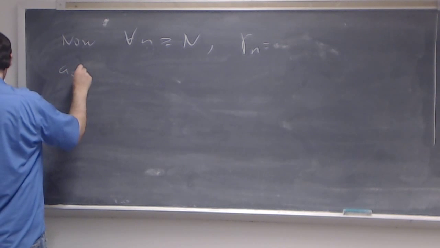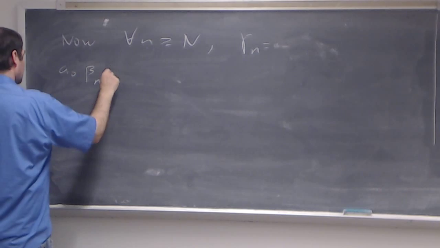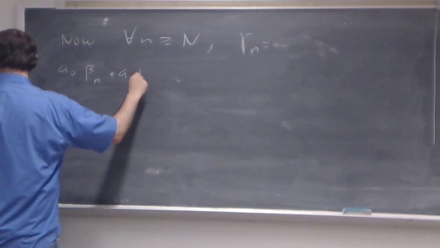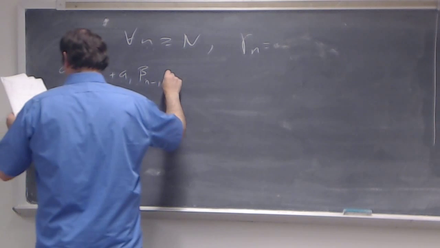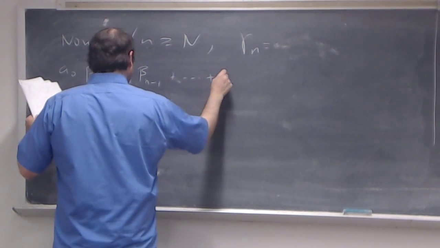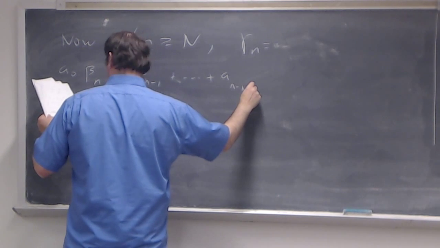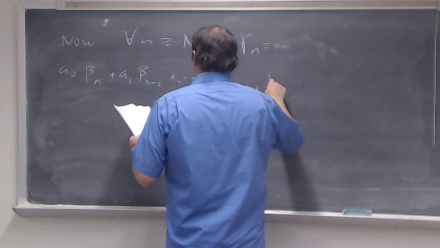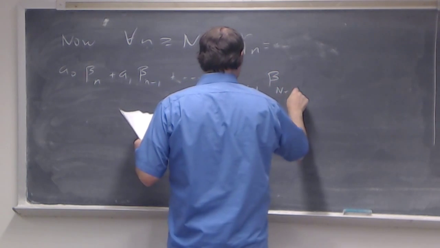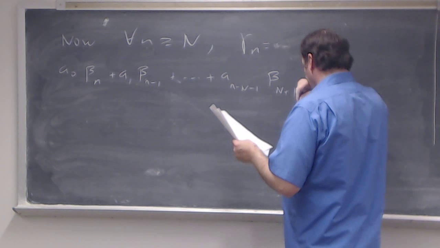It's A sub 0 beta sub n, plus A sub 1 beta sub n minus 1. Plus, you keep going, you get to some point A sub n minus big N minus 1 beta sub big N plus 1.